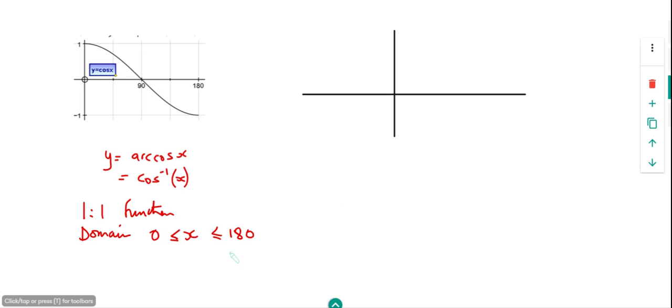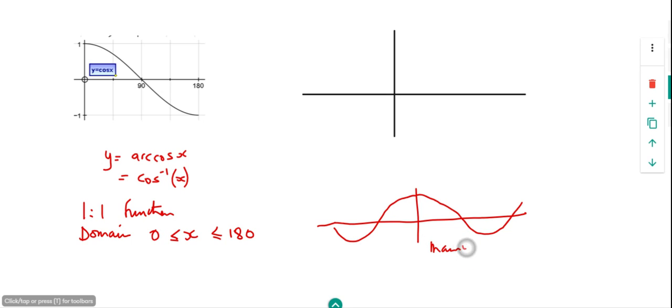And again, if I just quickly sketch the graph of cos x, well, cos x looks like this. If we've got an unrestricted domain, this would be a many-to-one function. I've gone through this in detail in the previous video, so you could look at that.